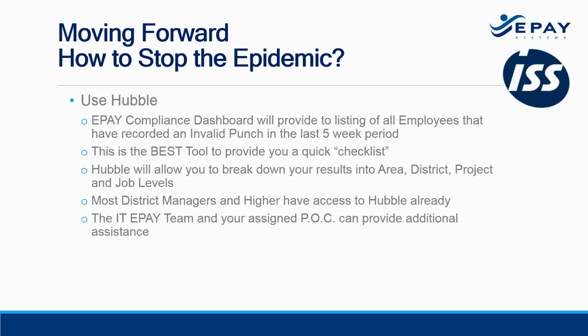But more so, look at your compliance scores so you can keep on top and see where you stack up against everybody, and then see how you can improve that particular metric. And in any case, the IT ePay team, which consists of myself, Tiandra, Jade, and Beth, each one of us is one of your assigned points of contact, and we can provide you additional assistance with this particular piece as needed.